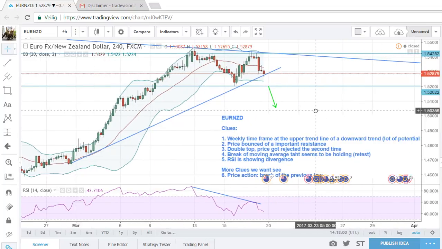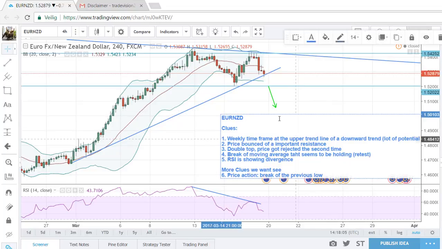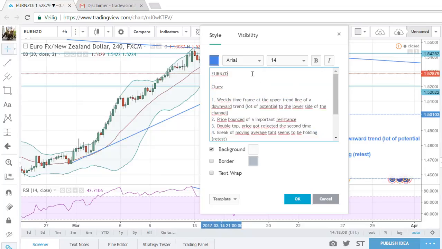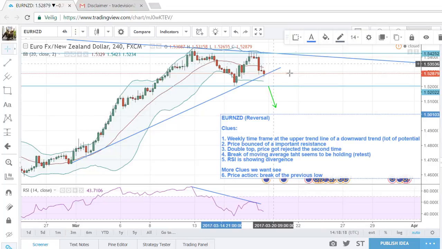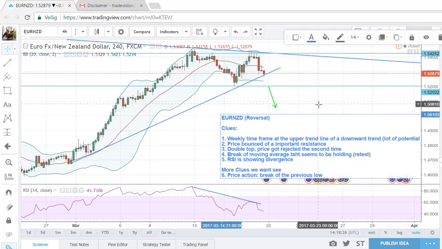So let's see if that breaks as well. I think I'm gonna put it in here. I think we are at the start of a reversal on this pair, and those are beautiful trades because price can go down once this level breaks pretty strong, and we have a nice move all of a sudden.